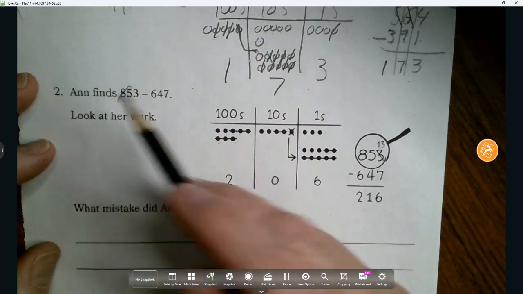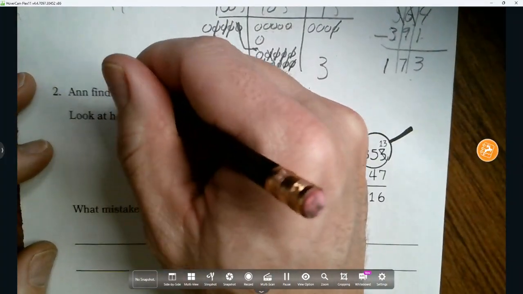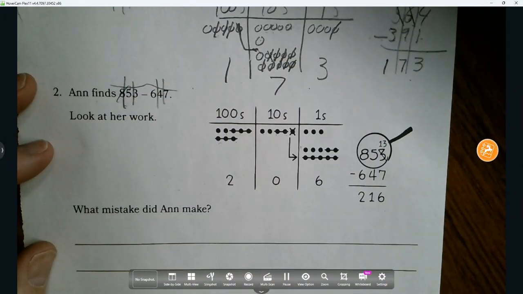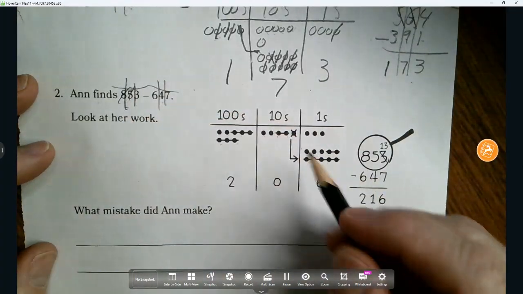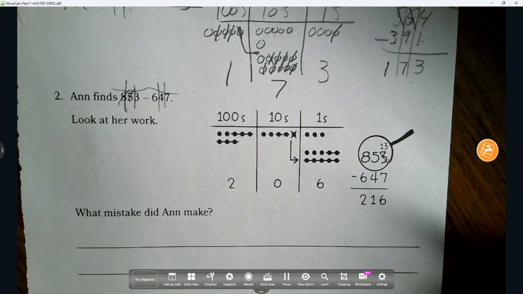Yep, that's good. 5 tens. And if it helps, draw these. There's nothing wrong with doing that, because then it shows you the ones, tens, and hundreds. We got our 5 tens. That's good. Our ones, we have 3. Okay, we're good there.